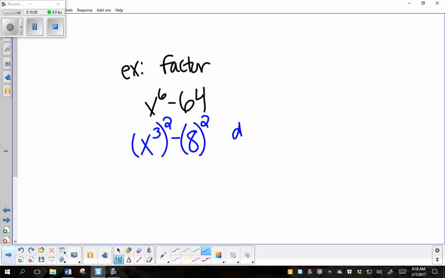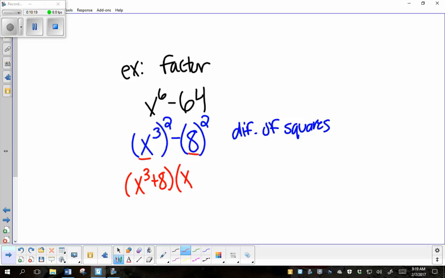So this is a difference of squares, same as we just did. So if I break this down, it's going to break into x to the 3 plus 8 times x to the 3 minus 8. I'm going to write one of these in green because we're going to be able to factor it more.